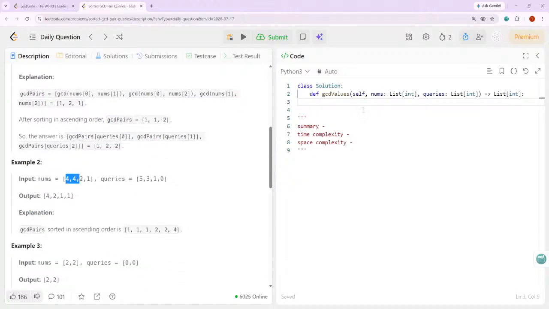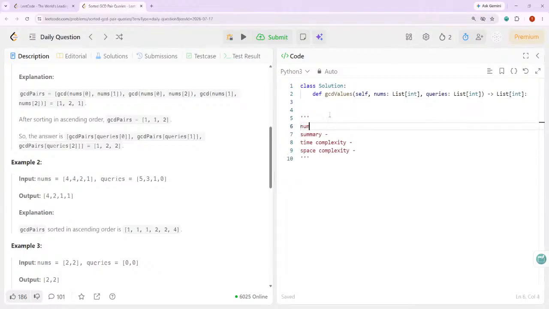So this is nums is 4, 4, 2, 1. So the GCD pairs would be 4, 4 would be 1. Let's go like 4, 4, and then 4, 2.